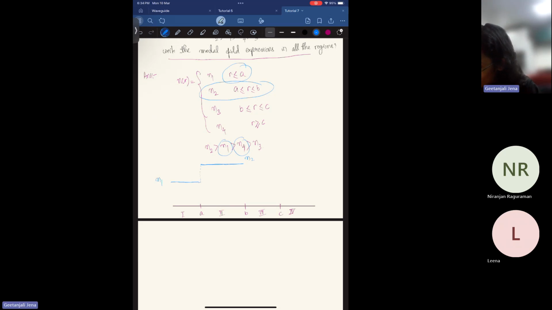This N4 is less than N1 but greater than N3, and the lowest value is N3, which is in the region between b and c.